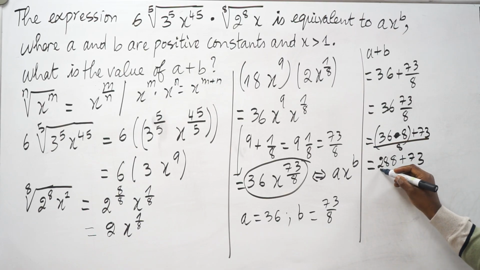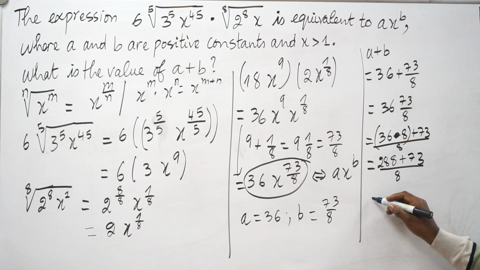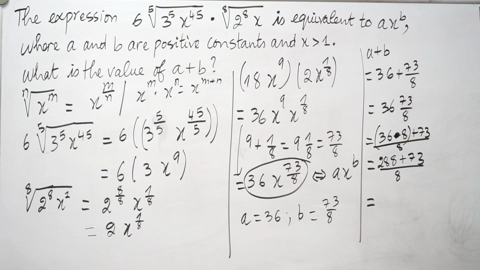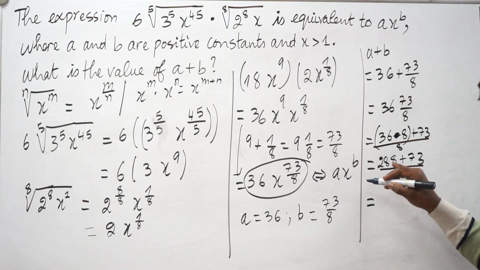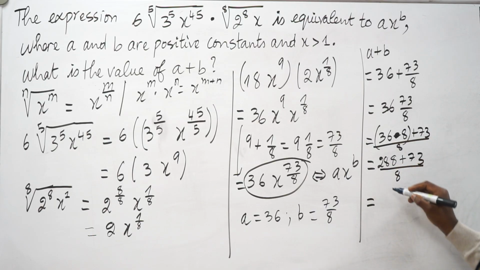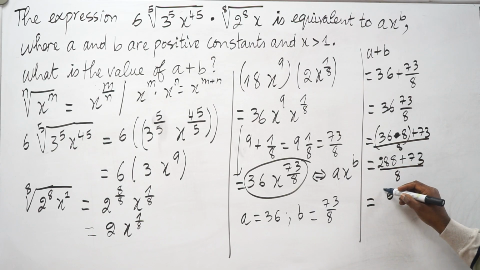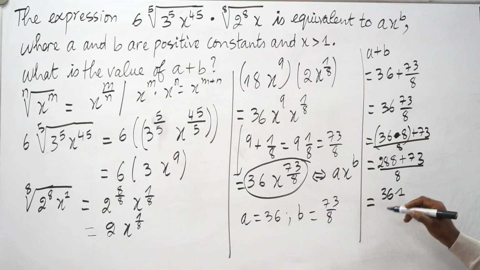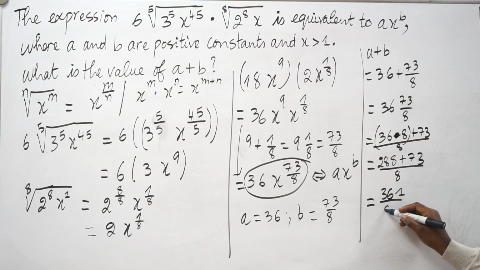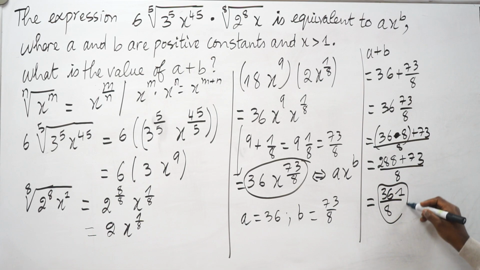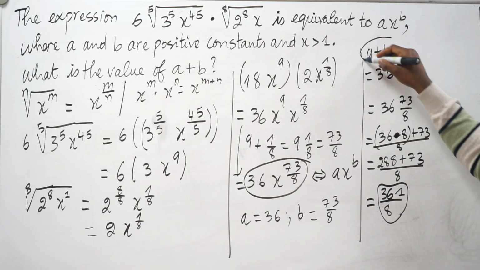So this is going to be 288 plus 73, which gives us 361. So you end up with 361/8, which is your final answer when it comes to a plus b.